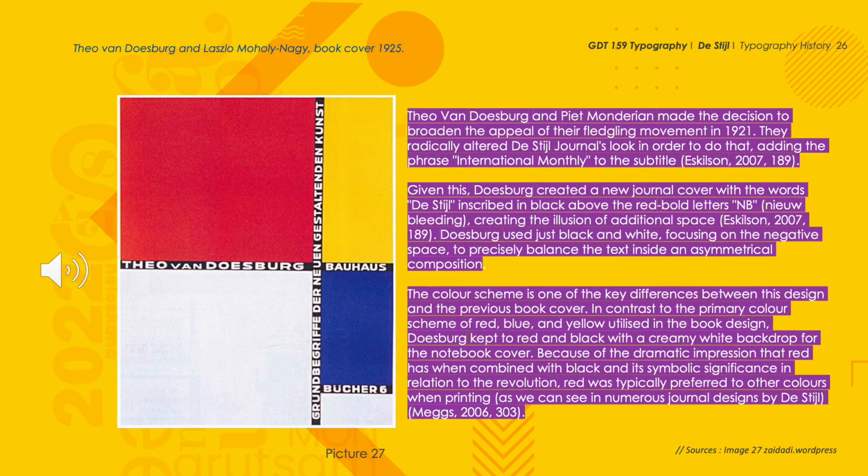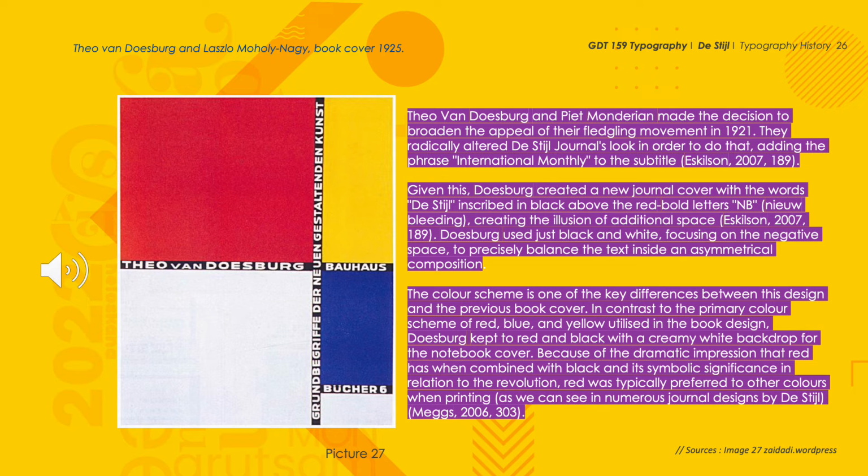Theo van Doesburg and Piet Mondrian made the decision to broaden the appeal of their flagging movement in 1921. They radically altered the De Stijl journal's look in order to do that, adding Maandblad International Monthly to the subtitle.